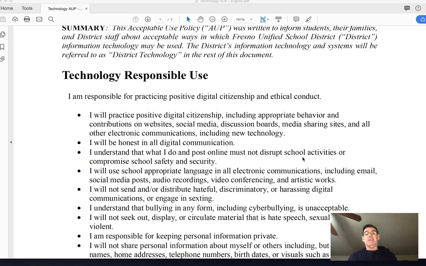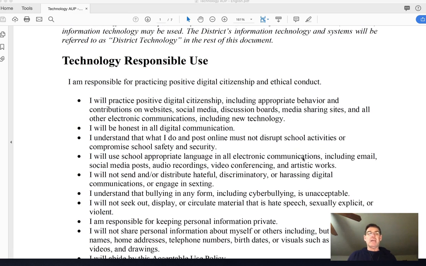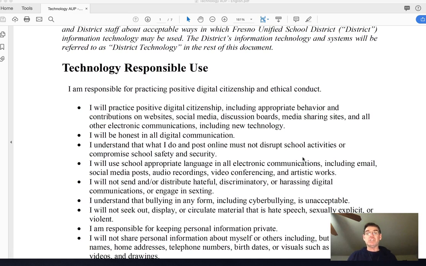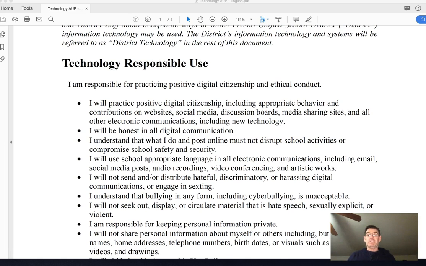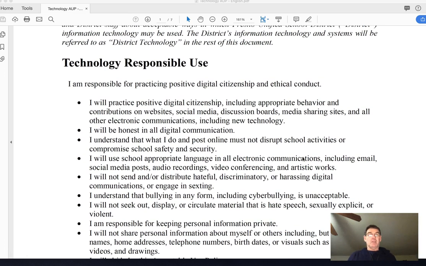And these things are items that are designed to protect you as students and to protect the district from problems that may arise when people don't follow the rules. So, simply put, there are things that you already know as citizens of the city, of a school, of a neighborhood, of a family, and so it's not too different from those items.